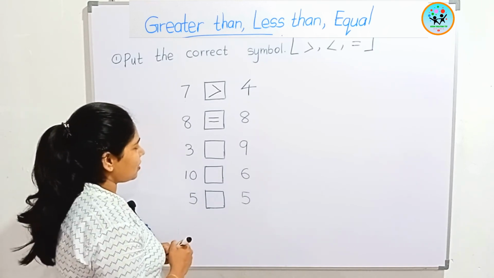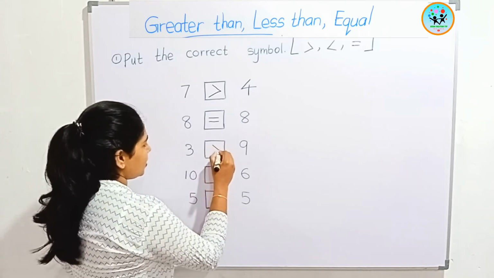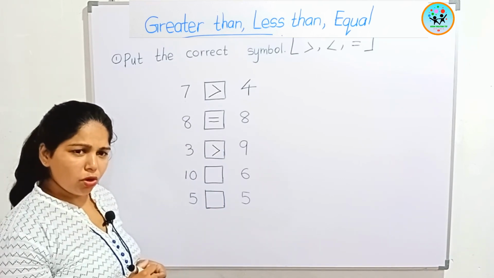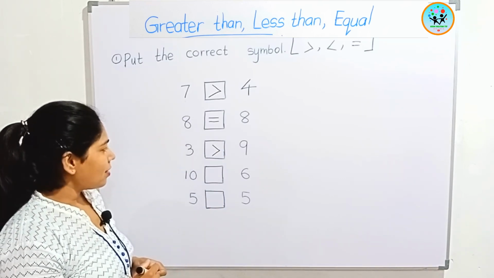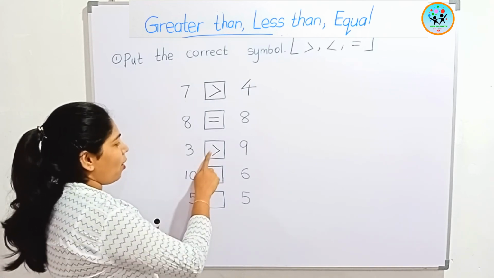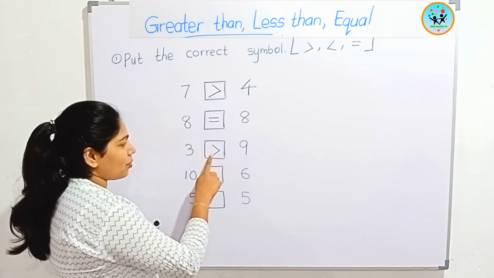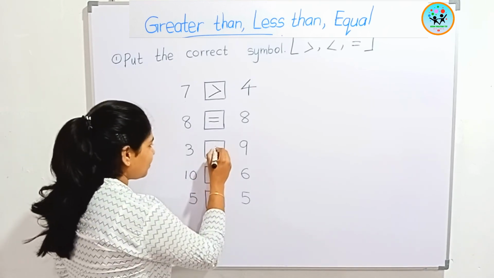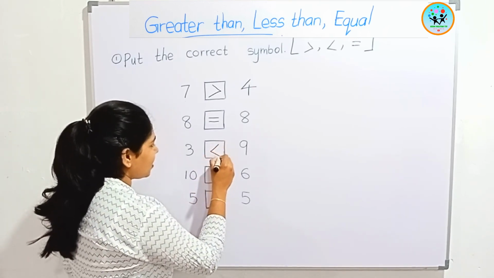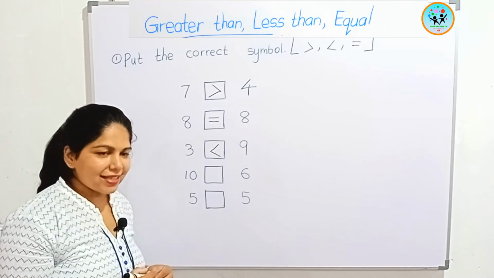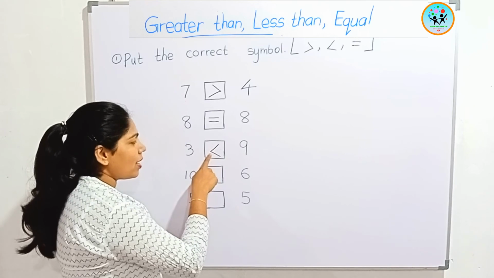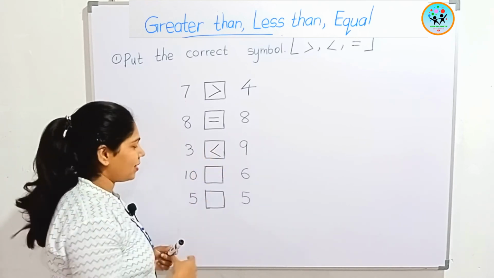How should I place the symbol? Like this? Is this correct? No? Why? Yes. Open mouth of the symbol should be placed towards the highest number. Now is it correct? Yes, it's correct. 3 is less than 9.